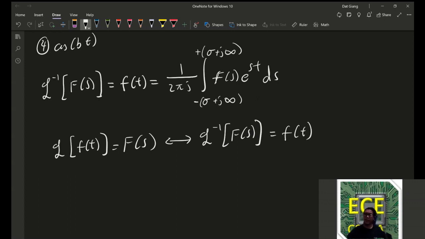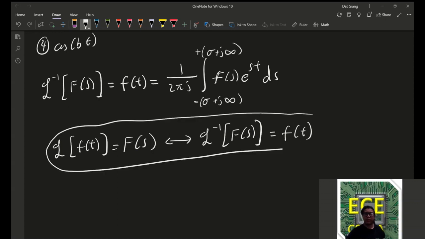And this is a very valid property we can state, simply because the Laplace and the inverse Laplace are inverses of each other and are both linear.